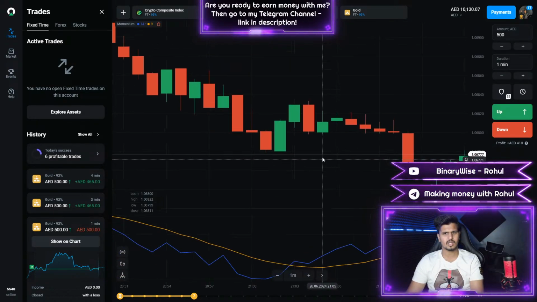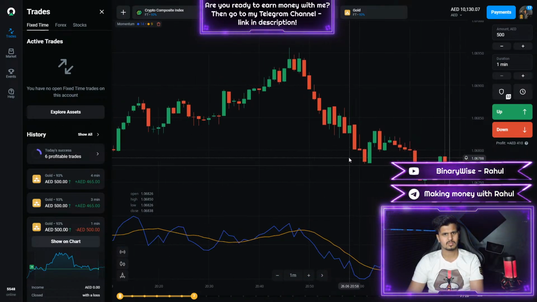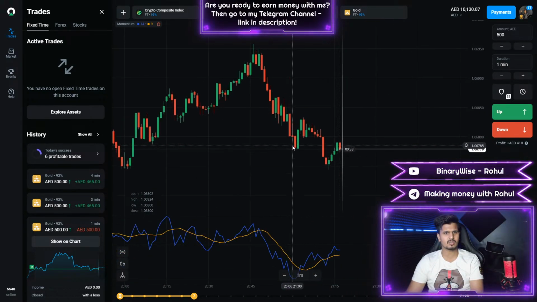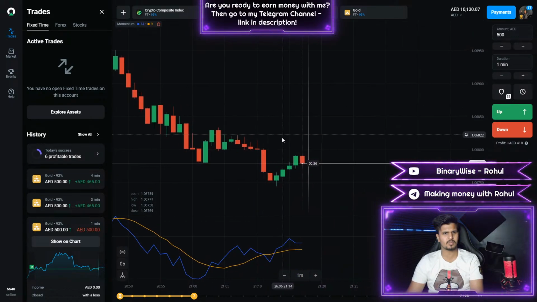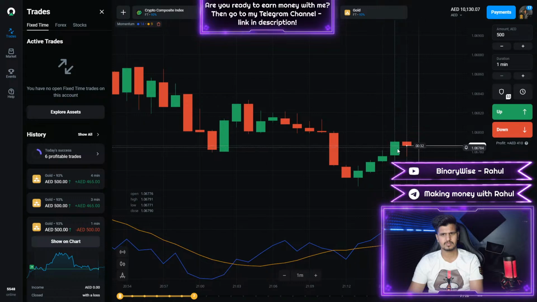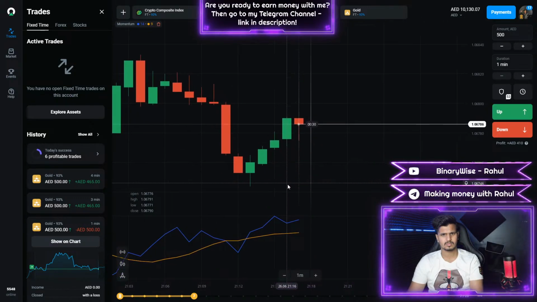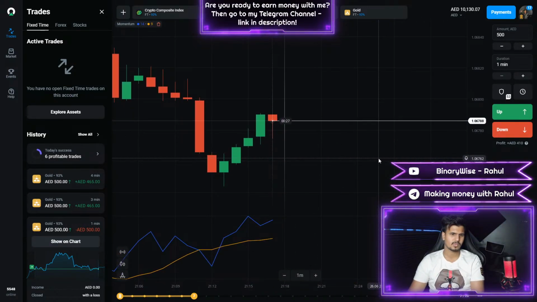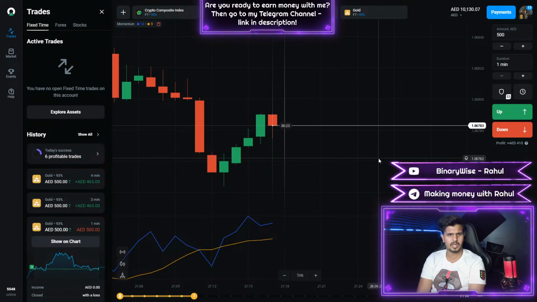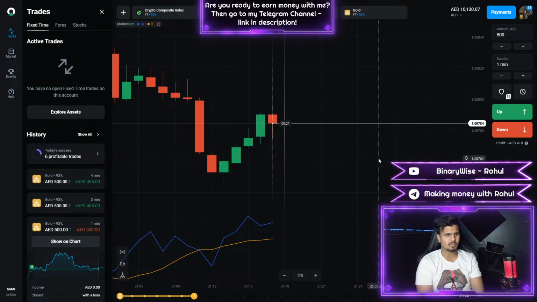If we focus on the graph, it went upward, now it's trying to go back to the downside after the peak level. Here also it's moving to the downside now. And momentum lines are indicating the upward direction for a moment, but also the blue line is trying to go back to the downside.